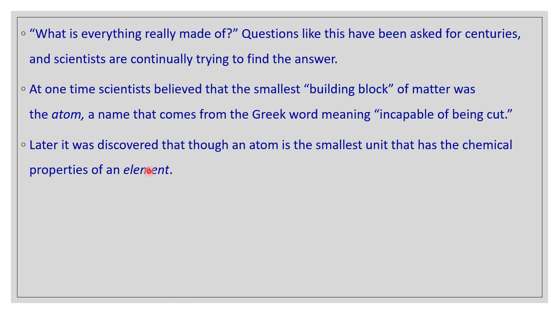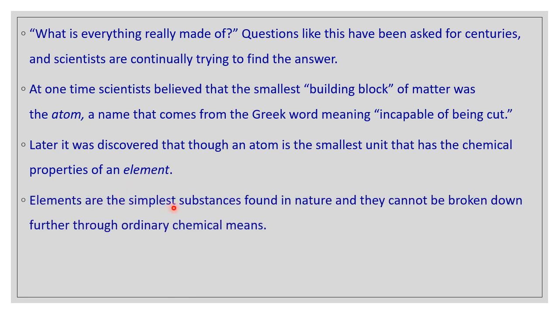Because every atom in that element is the same, it is taken as pure matter, and that pure matter is called a substance. That means we are now defining the word element: an element is a substance, a pure form of matter, which is made up of similar, identical atoms.